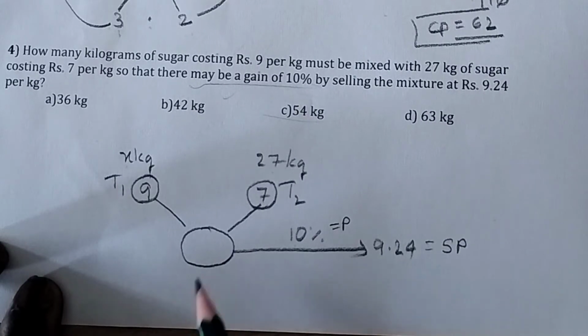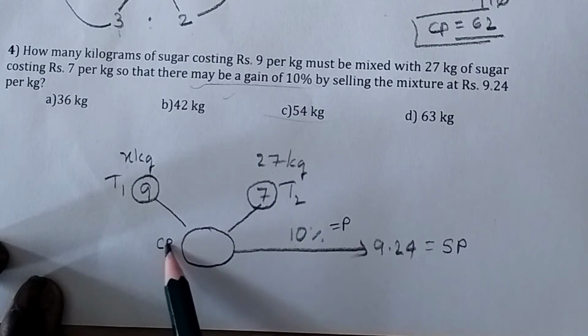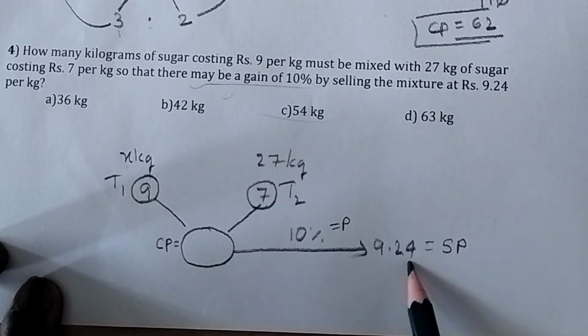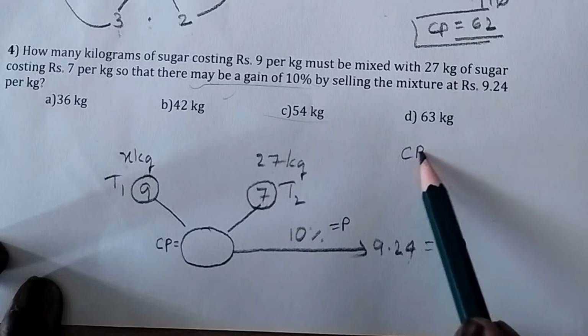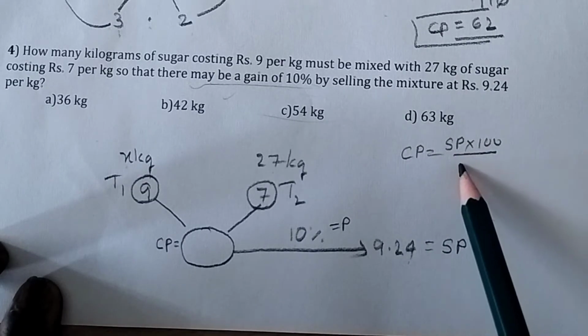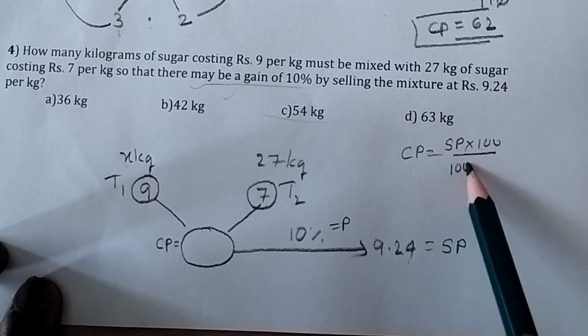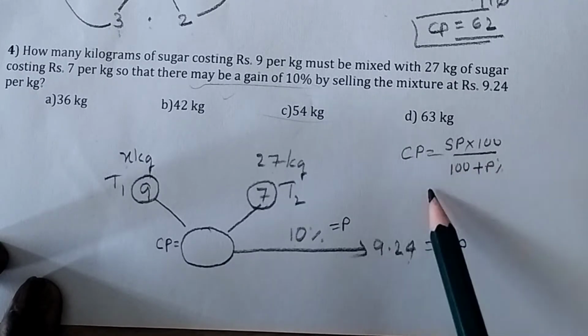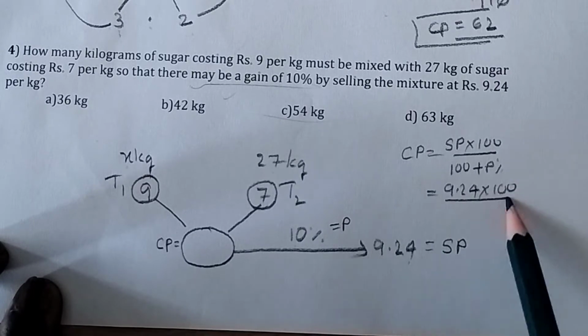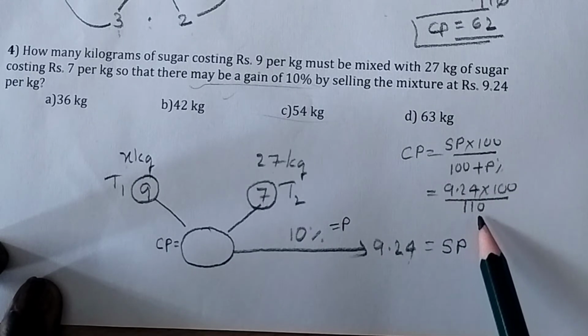Okay, now here I am going to find out the cost price. Now the cost price is anyway the formula: selling price into 100 divided by 100 plus profit percentage. Now that is 9.24 into 100 divided by 110.